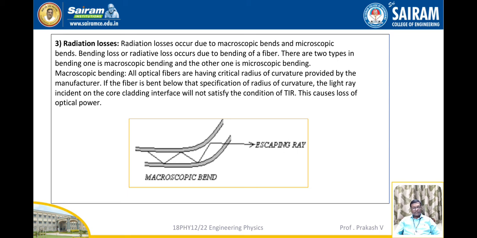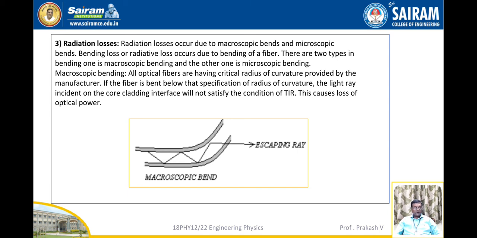If the fiber is bent below the specified radius of curvature, the light ray incident on the core-cladding interface will not satisfy the condition for total internal reflection. Because of this, optical power loss comes into the picture. That means the light will not undergo further total internal reflection and comes out of the cladding. That is what is shown in the diagram.